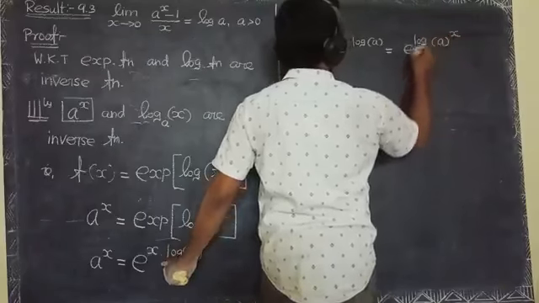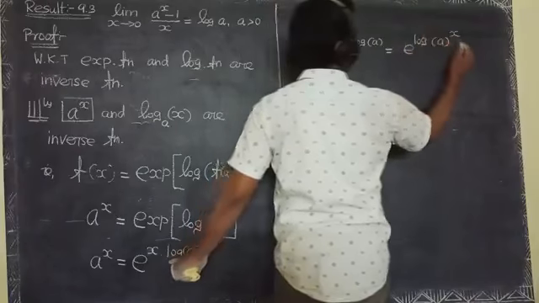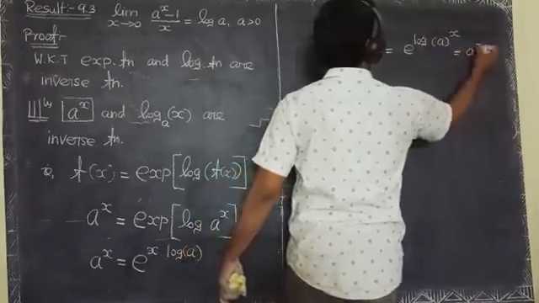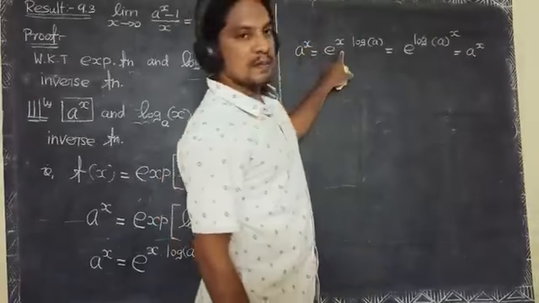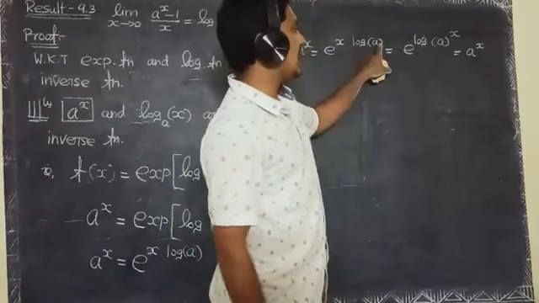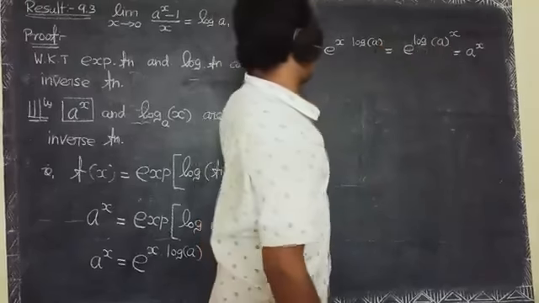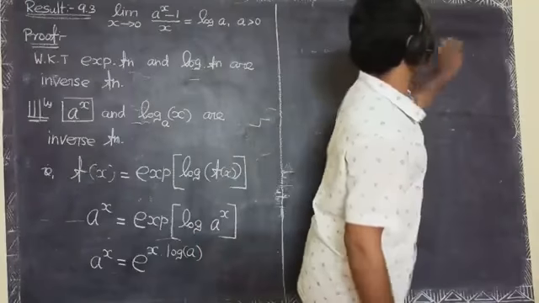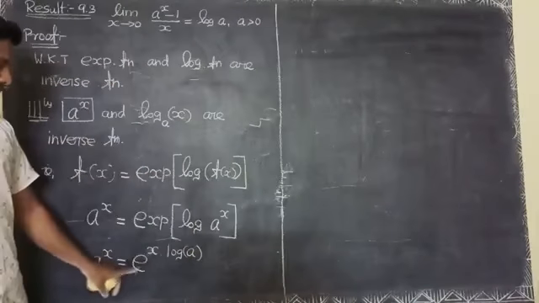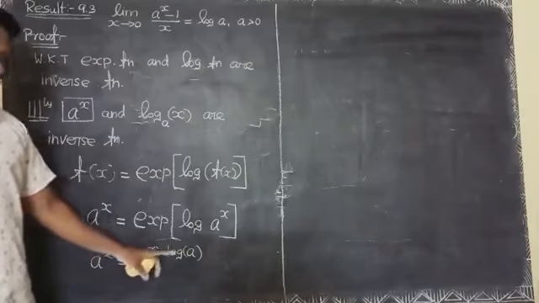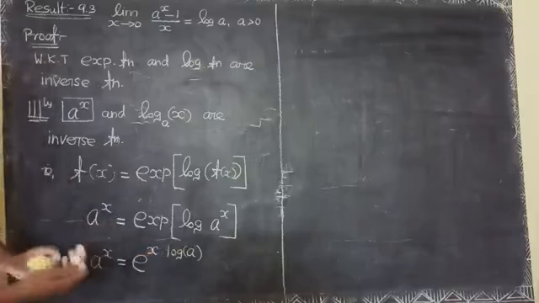Here both are inverse functions, so finally we get a^x. So a^x can be written as e^(x log a).